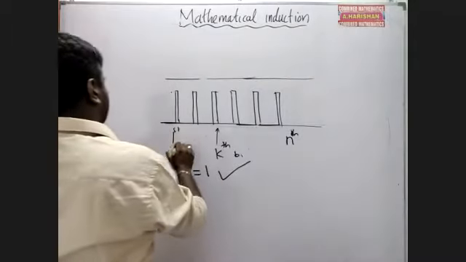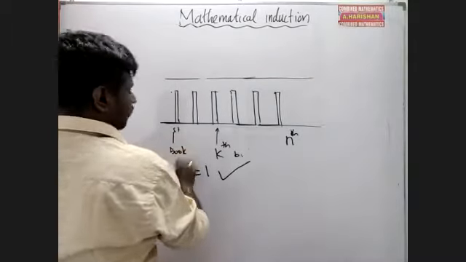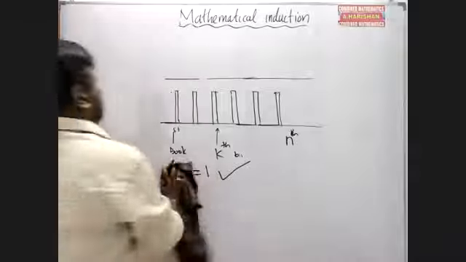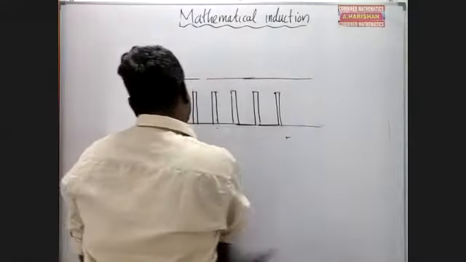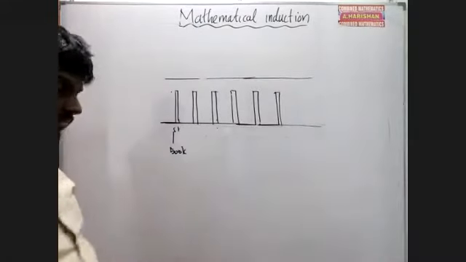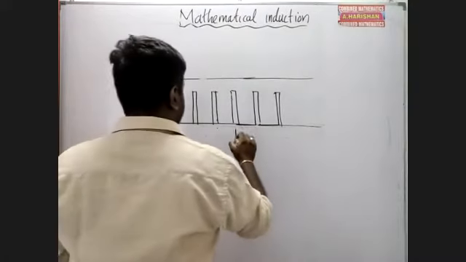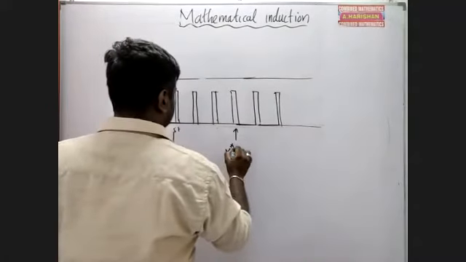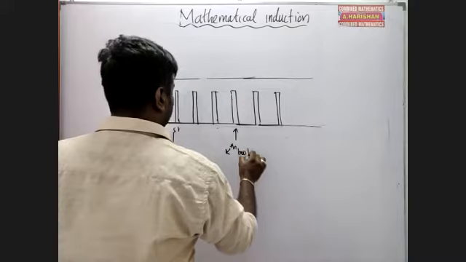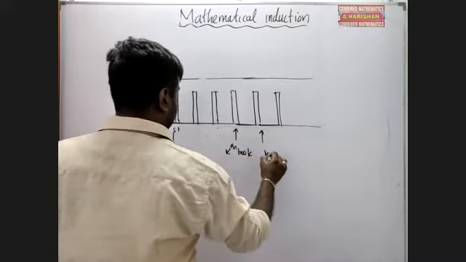This is the first book. This gap is the same. Say this is the kth book, and say this is the K plus 1 book.